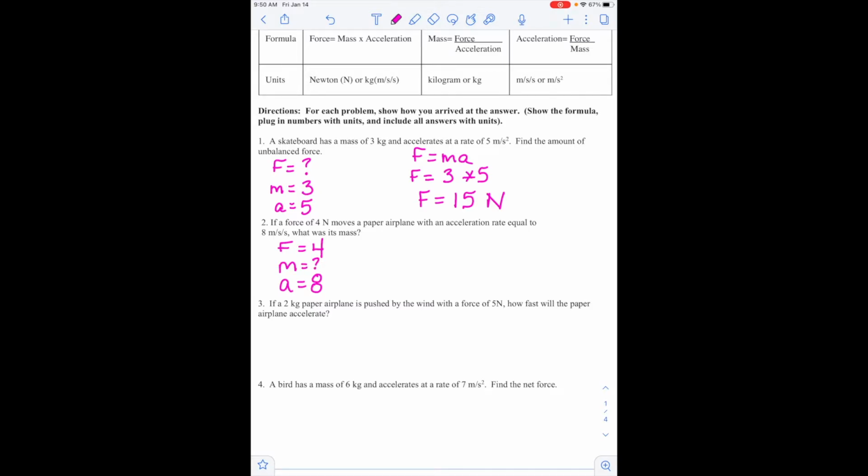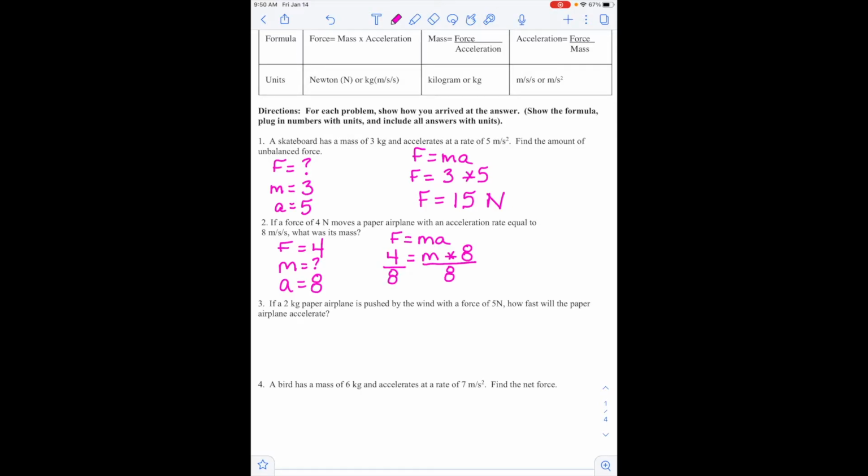So using our formula F equals ma, we are going to plug in our numbers. We have 4 for F equals m, which is what we are looking for, times 8, which is our A. To get our m alone, we're going to do the opposite of multiply by 8, which is divide by 8.